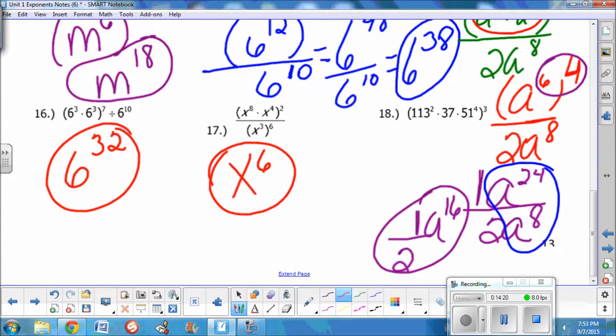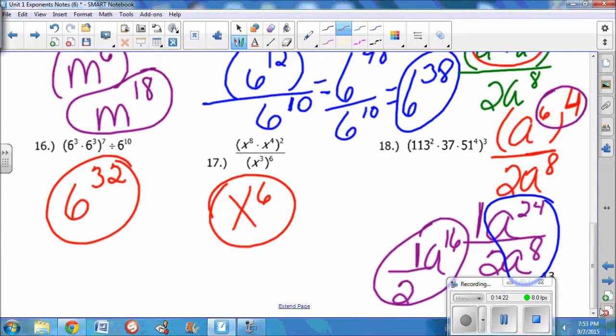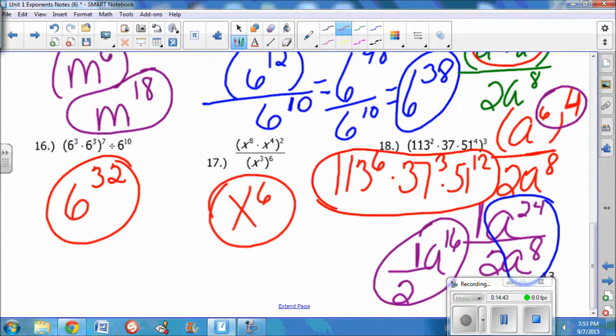I would love to see your work. And 18 is 113 to the 6th times 37 to the 3rd times 51 to the 12th. Okay? Go ahead, flip the page, and we are almost done.